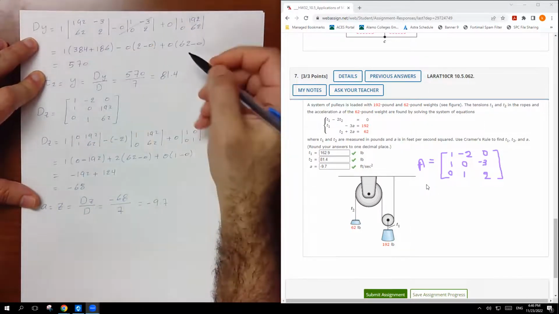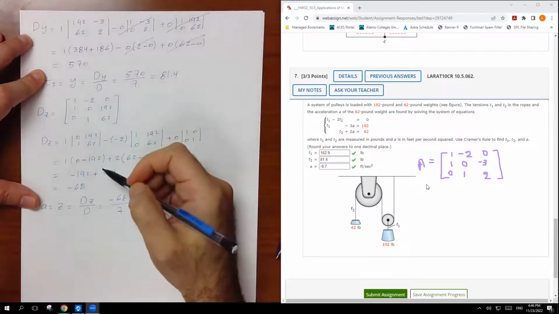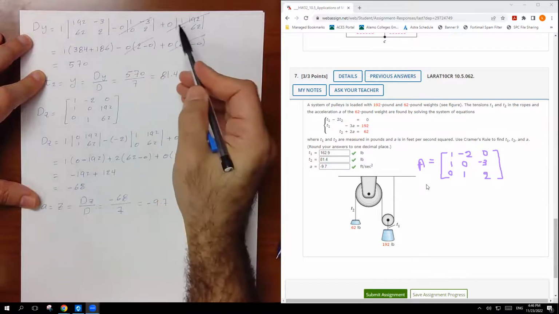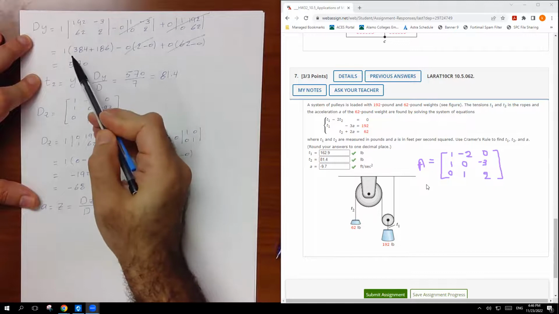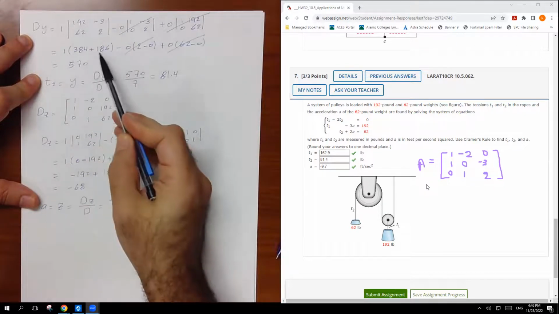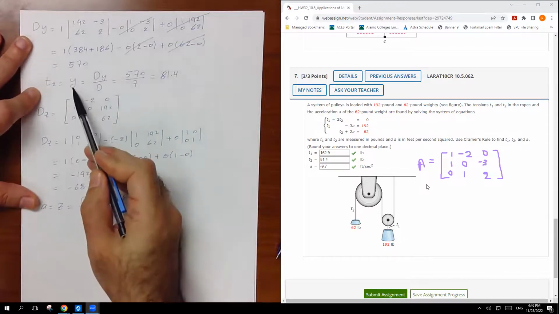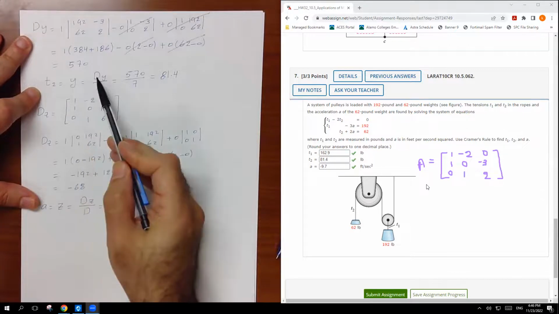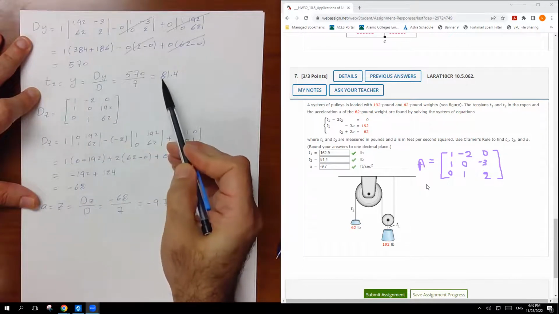So this is 0, and this one is also 0, because 0 times any number is going to be 0. So the left here, 192 times 2, 384, minus negative 3 times 62 is going to be plus 186. It's going to be 570. That means T2 is going to be equal to y, which is dy over d. So 570 divided by 7 is going to be 81.4.